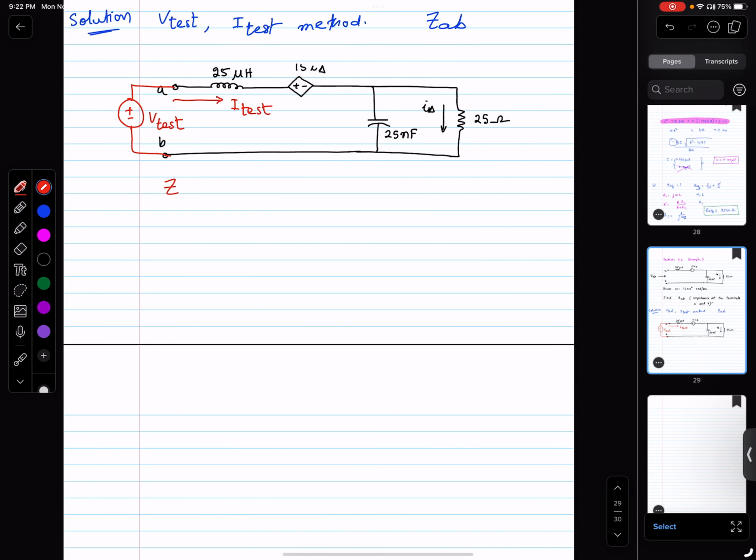In order to find ZAB, we get an expression for V-test over I-test. This is our approach. We apply a test method and derive V-test over I-test. That gives us the impedance.